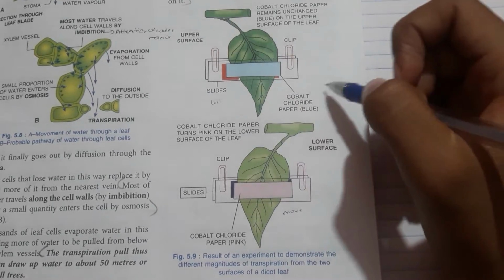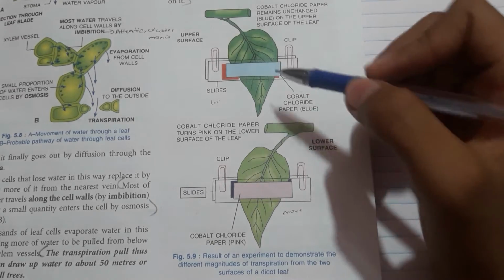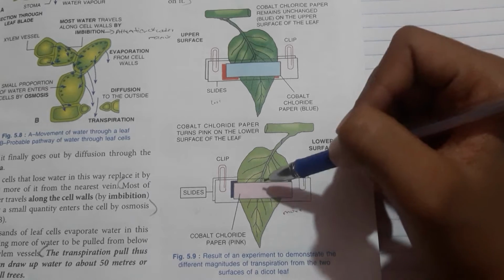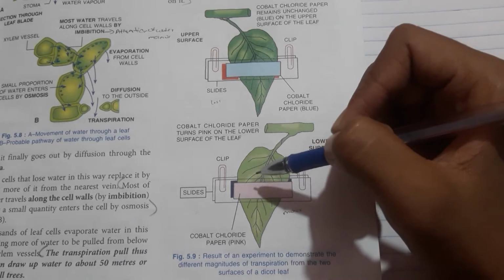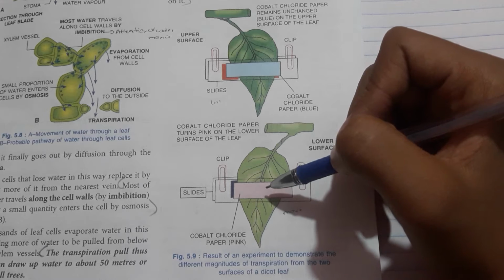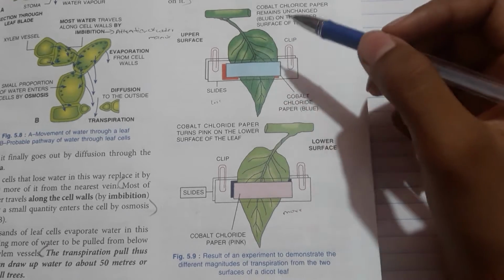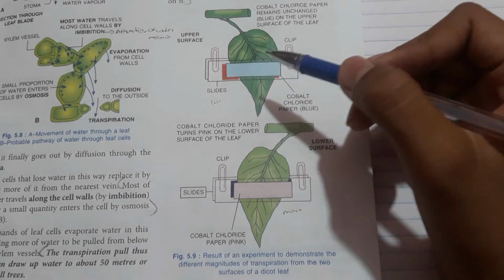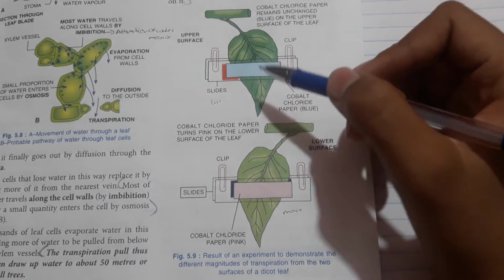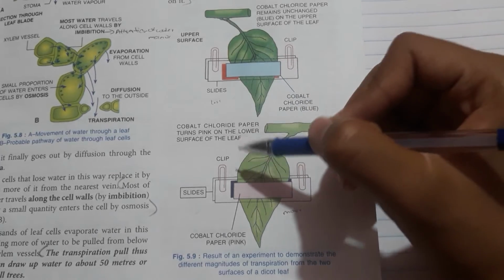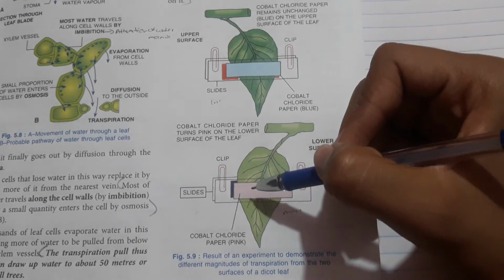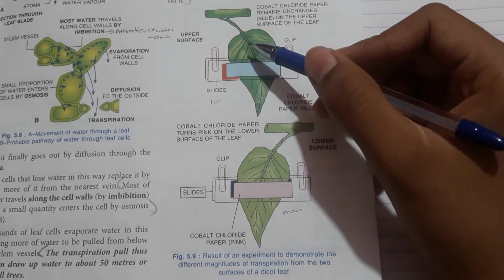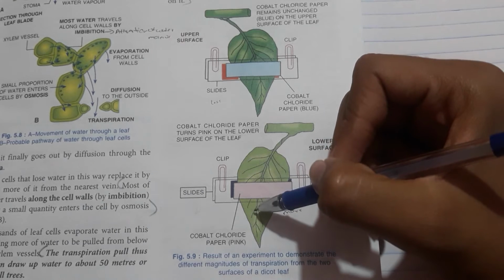After half an hour you can see that the dry cobalt chloride paper facing the lower part turns pink, and the top layer, that is blue, remains the same, because there are more stomata on the lower epidermis of the leaves when compared to the top layer, so more stomatal transpiration occurs from the lower surface.